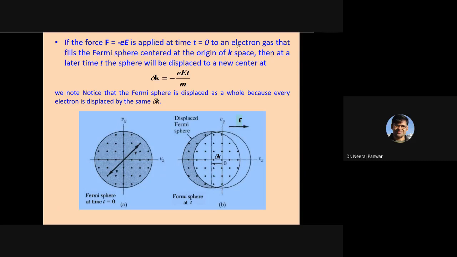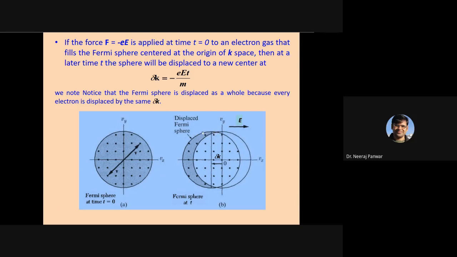The electron gas fills the Fermi sphere centered at the origin of k space, or momentum space, or velocity space, whatever you call it. Then at time t, the electric field is applied in this direction, and this electron gas is going to move in this direction due to the force of the applied electric field.